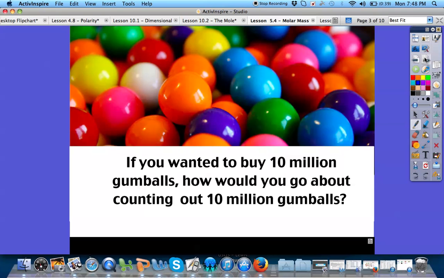Well, another option is that you could take the mass of one gumball and then mass a group of gumballs and divide that mass by the one to get an approximate number of how many you have. And this kind of relates to what molar mass is.